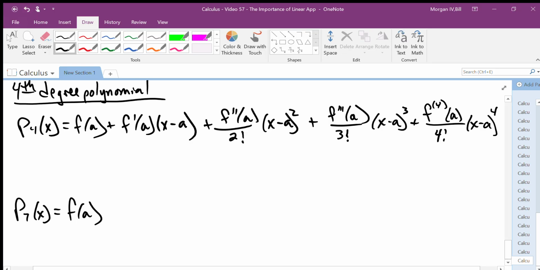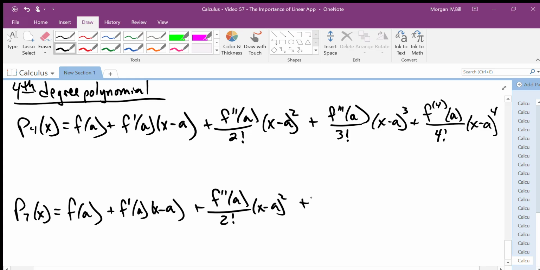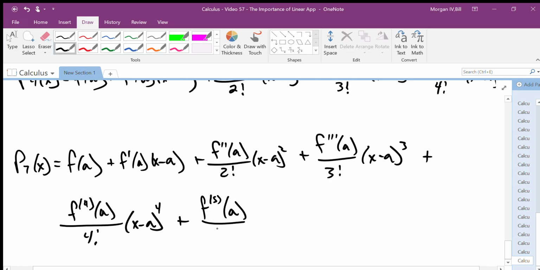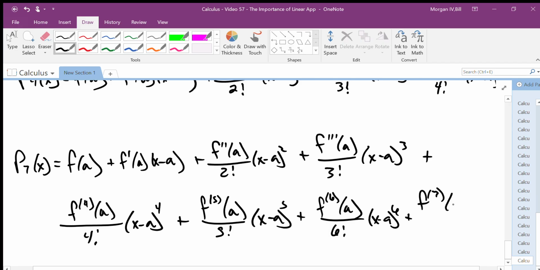That is f of a plus f prime of a times x minus a plus f double prime of a over 2 factorial x minus a squared plus the third derivative at a over 3 factorial x minus a to the third plus, and just to save some space, I know I'm going to need a second line anyway here, so let's go ahead and drop down the fourth derivative at a over 4 factorial x minus a to the fourth plus the fifth derivative at a over 5 factorial x minus a to the fifth plus the sixth derivative at a over 6 factorial x minus a to the sixth plus the seventh derivative at a over 7 factorial x minus a to the seventh.